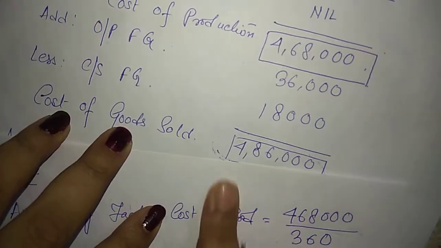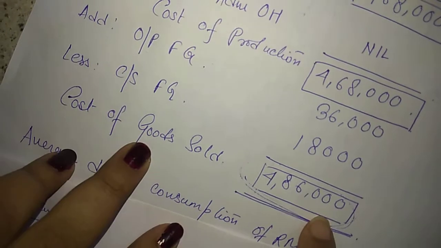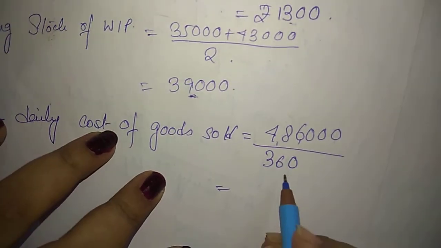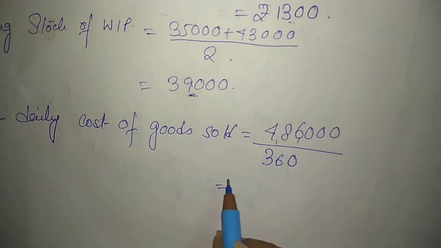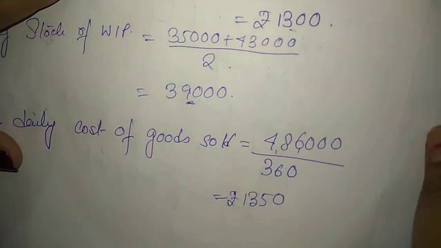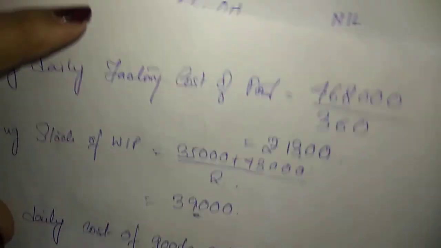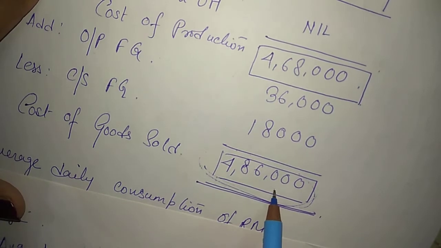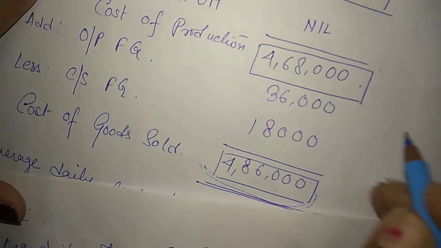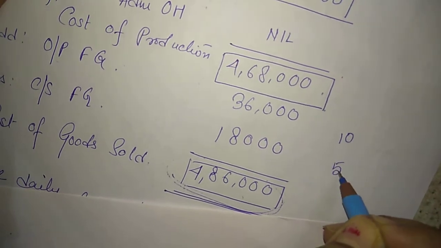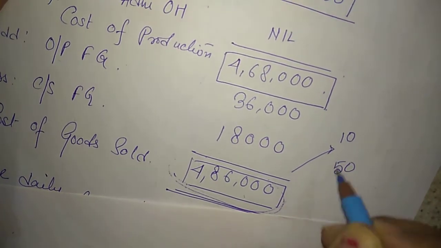That means your cost of goods sold for the entire year is 4,86,000. That means each day your cost of goods sold is 1350. Oh, one more thing. What do we mean by cost of goods sold? Cost of goods sold means the cost price of the goods that you are selling. Suppose you have manufactured a pen for rupees 10 and you are selling it for rupees 50. So your cost of goods sold is 10.